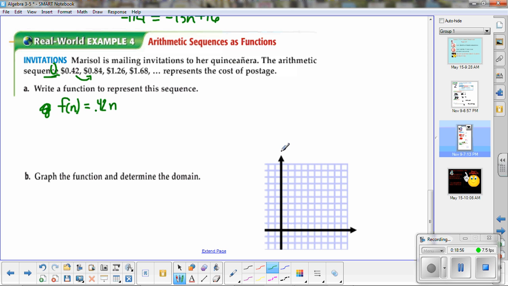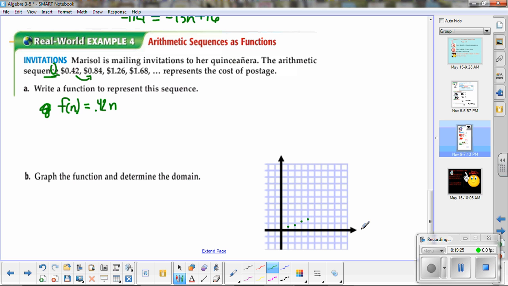So this would be like $1, and this would be the first term. So the first term is going to be 42 cents, which is going to be a little under half. And then the second one is 84 cents, which is going to be not quite $1. The third one is $1.26, so it's going to be a little over $1. The fourth one is $1.68, so we wanted a little more than 1.5.